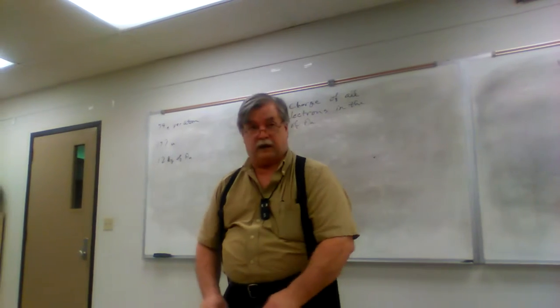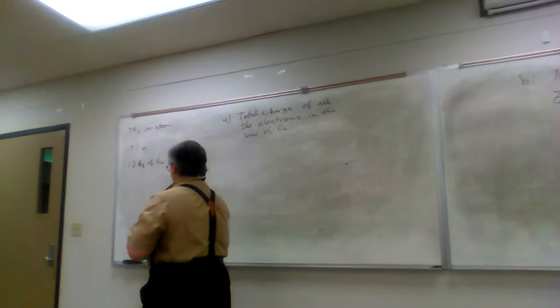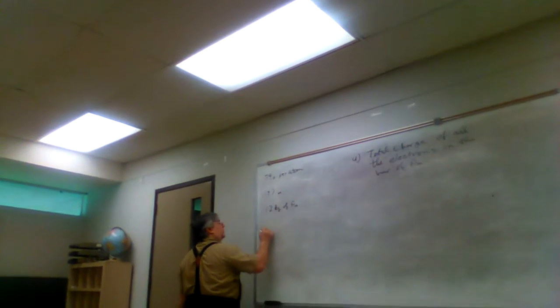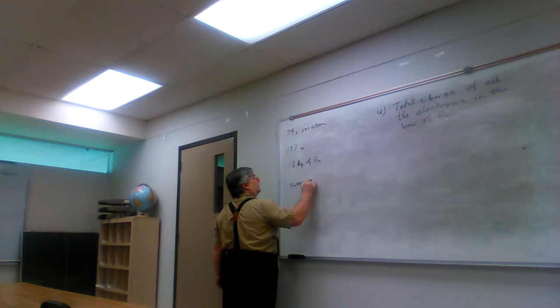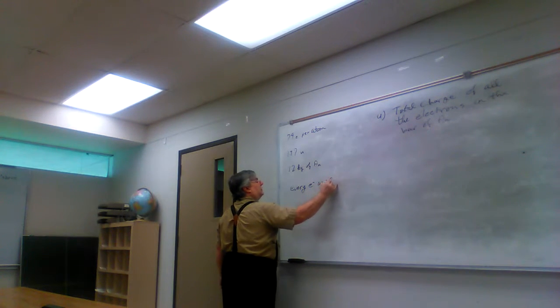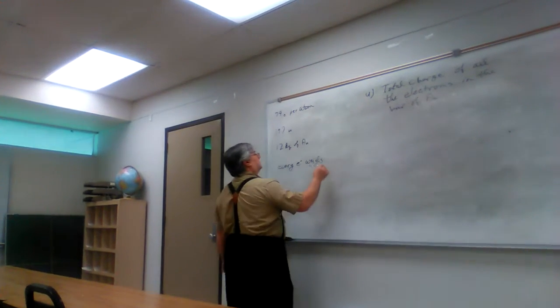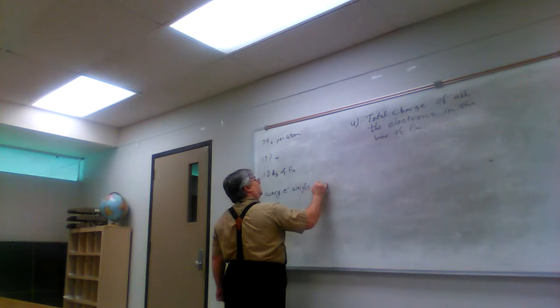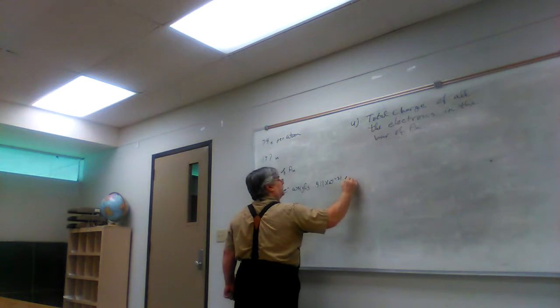We know the mass of an electron. We know that every electron in that bar of gold weighs, and I know that's not quite the proper term, 9.11 times 10 to the minus 31 kilograms.